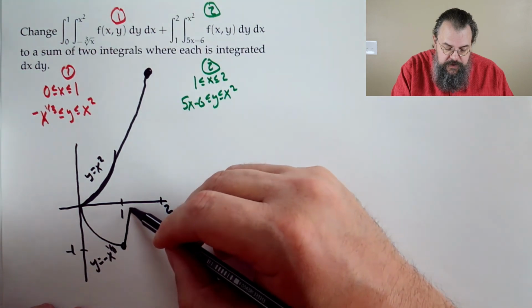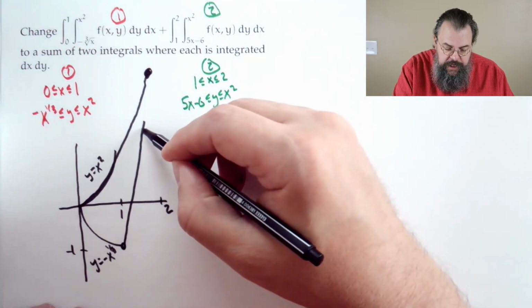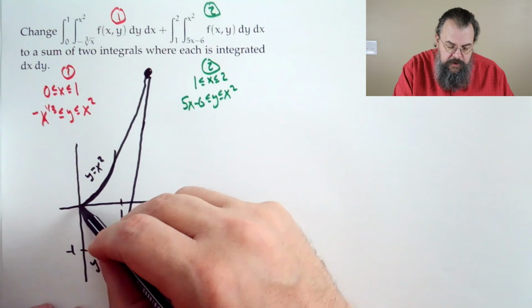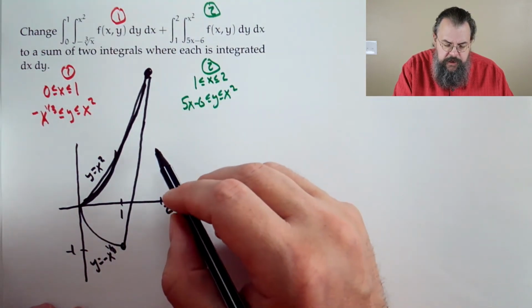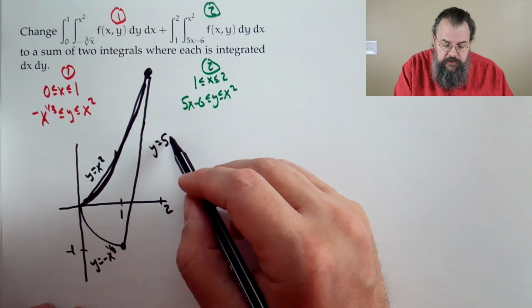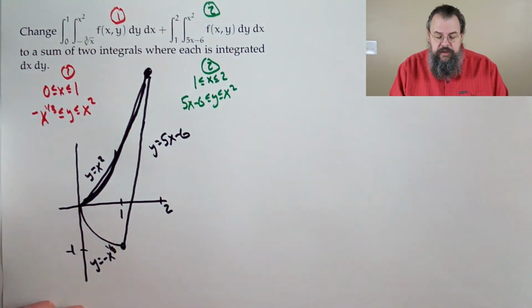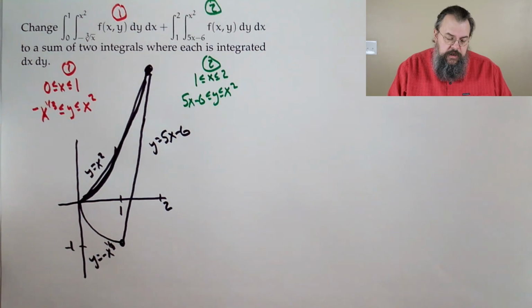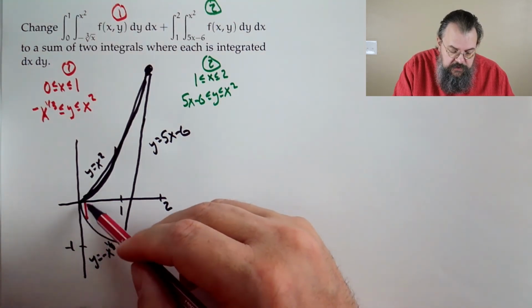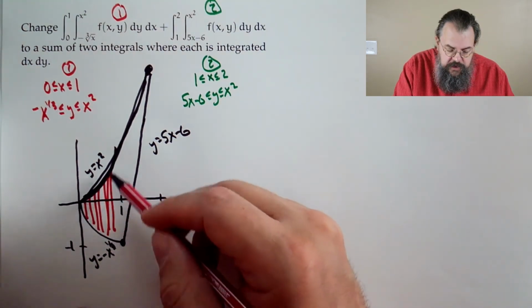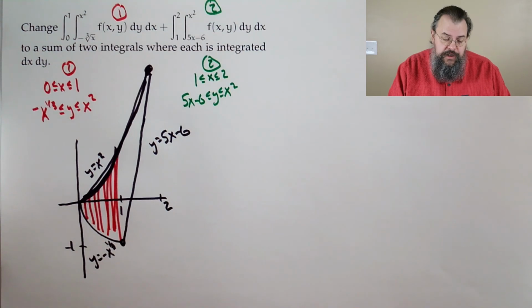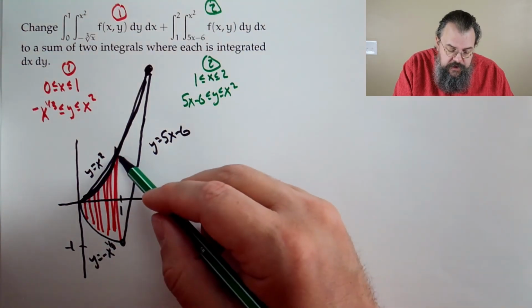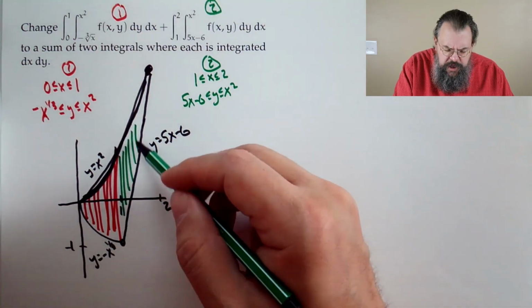So it's this steep line going up. So there we go. We have y equals x squared, y equals 5x minus 6, y equals minus x to the 1/3. The first integral does it from 0 to 1. And then we had to do a second integral because there was a transition. At 1, we transitioned with the lower curve being a bounding part.